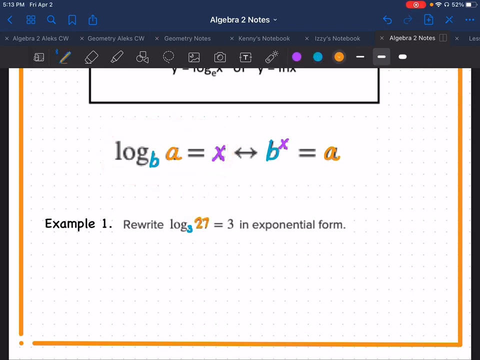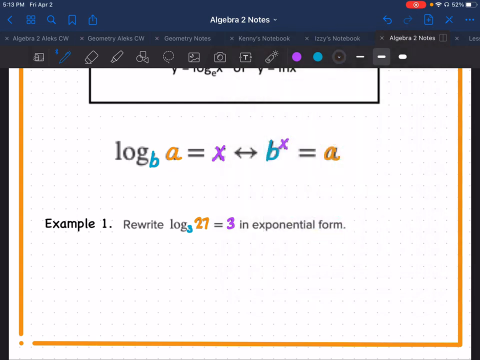So this one would be orange like the A, and then the 3 would be purple like the X. Now I can see how my numbers go into this form. I know exactly what number to put here for B, what number to put for X equals, and what number to put for A because I did everything in the same color.